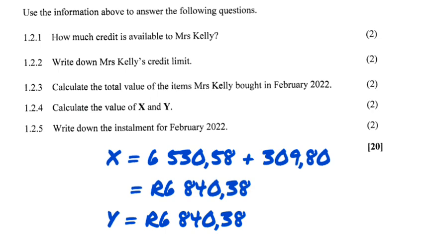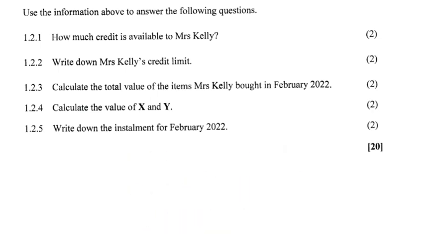So to calculate x, we take the previous balance, which was 6,530.58, and we add to it the Edgar's purchase, which was 309 and 80 cents, and it gives us 6,840 and 38 cents. And because there was no other transaction, y becomes that same amount, 6,840 and 38 cents. So it's just a matter of knowing that x and y were supposed to be the exact same amount.